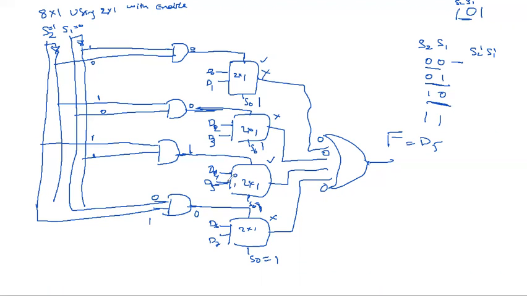Inside we have 0 and 1, so D5 will come as output. Here 0 plus 0 plus D5 plus 0 equals D5. Finally, for 101 we get D5. So this is the 8 by 1 using 2 by 1 with enable. Okay, you can do any of the problems like this.